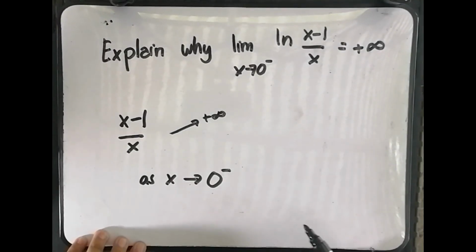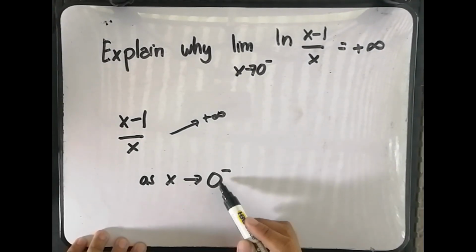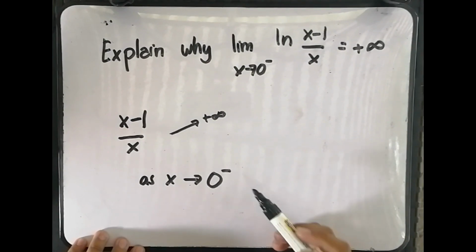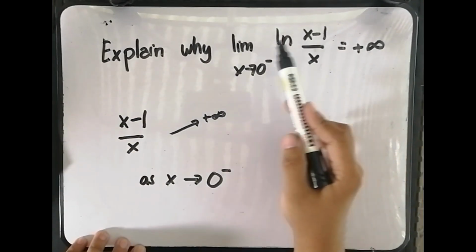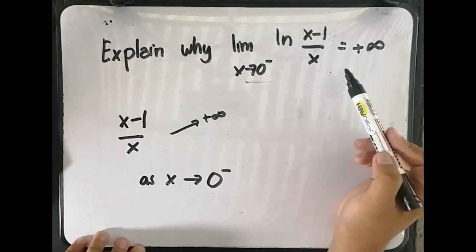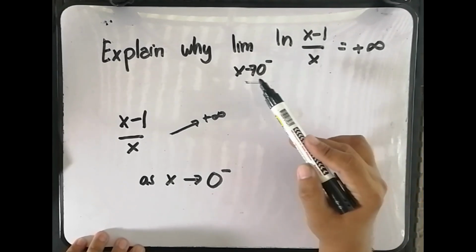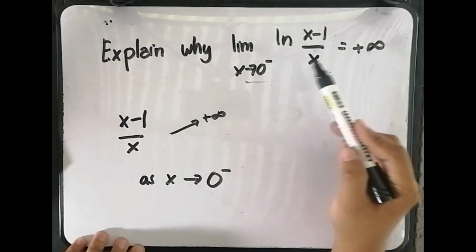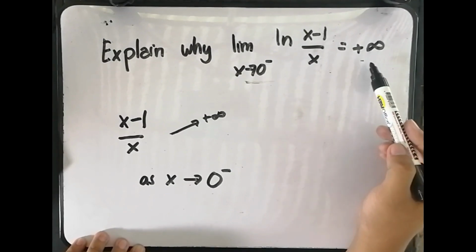Tama? Increases means papunta siya sa positive infinity as x approaches 0 from the left. Therefore, we conclude that yes, this is true. The limit of ln of (x minus 1) over x as x approaches 0 from the left is indeed positive infinity.